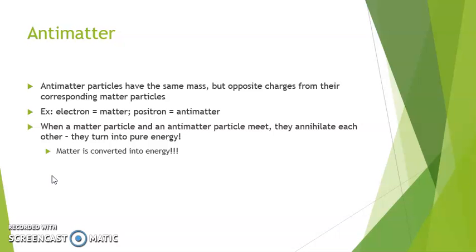So we can have matter being converted into energy. So this appears to violate the law of conservation of matter and the law of conservation of energy. But really, matter and energy are the same thing, sort of. And we can convert from one to the other.